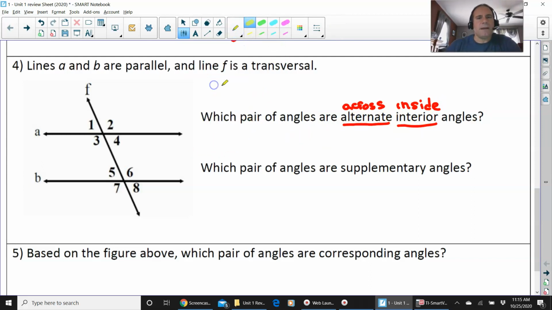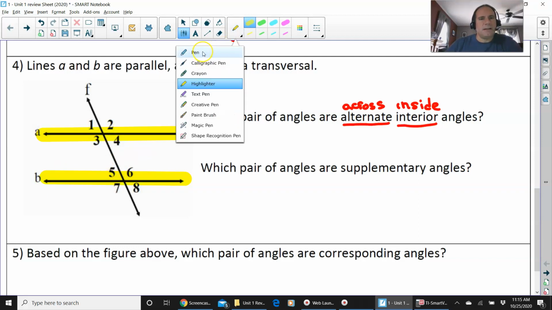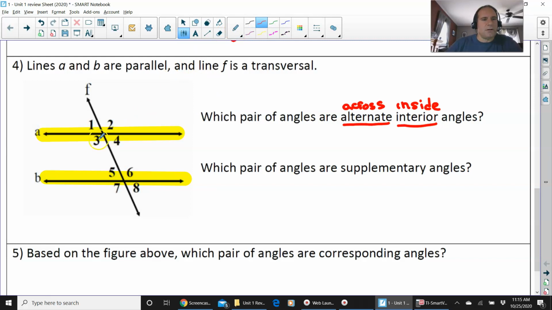So we're talking about parallel lines right here and right here. All right, and the inside angles are 3, 4, 5, and 6. So you have to pick. When they're asking for alternate interior, that means they're asking for inside of the parallel lines.